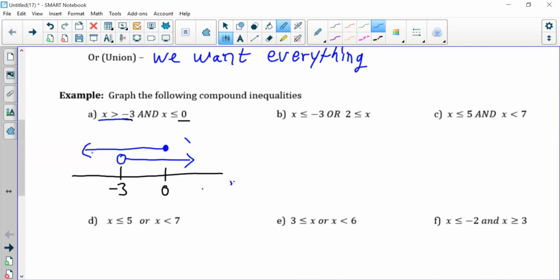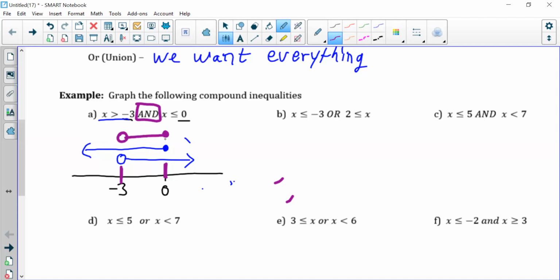All right, and next here is the key point, and let me grab another color. "And" means my solution is only the place where these two graphs overlap. So in this case, they overlap between -3 and 0. So my final graph is going to be a filled in dot here, an empty dot here, and the line in between them.